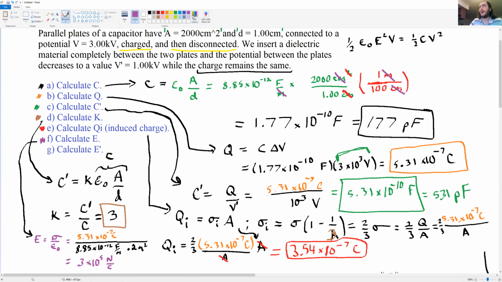And then for our last part here, let's go ahead and do this purple. We'll do it right here. The dielectric field is going to be the vacuum field divided by kappa.